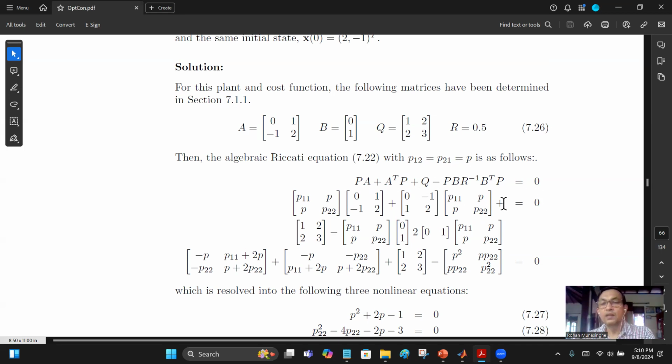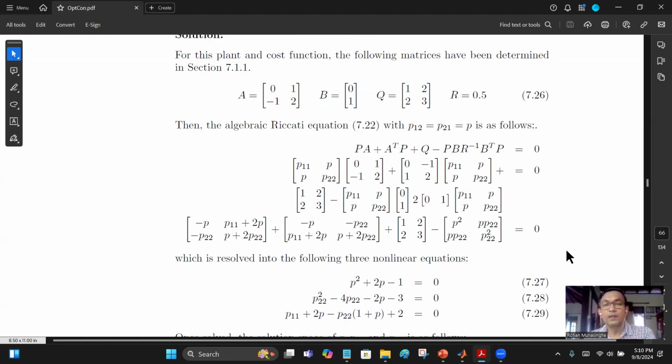This is the matrix Riccati equation, the algebraic Riccati equation. There's no P dot now. P dot is actually 0.